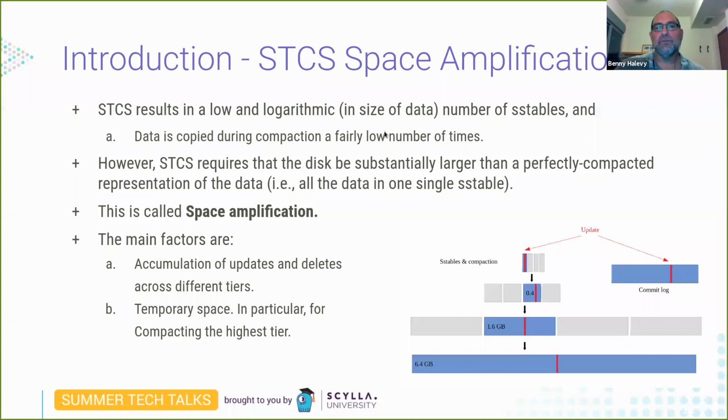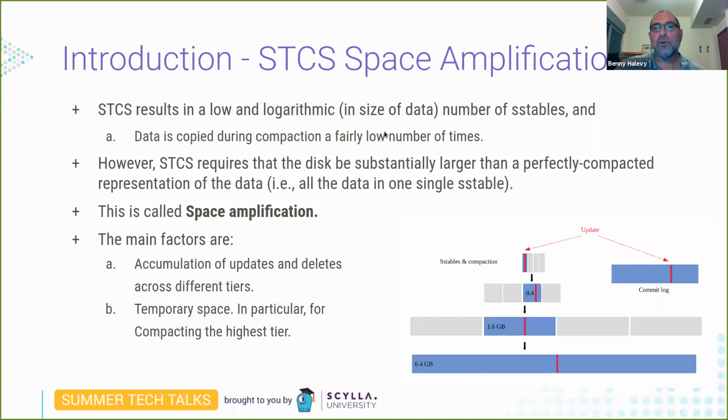The main factor for space amplification is first, the accumulation of updates and deletes across the different tiers. Note that these updates and deletes cannot be compacted unless they happen to be in the same tier, because STCS compacts SSTables only if they reside in the same tier. So if the updates happen to be in different tiers, they cannot be compacted by STCS.